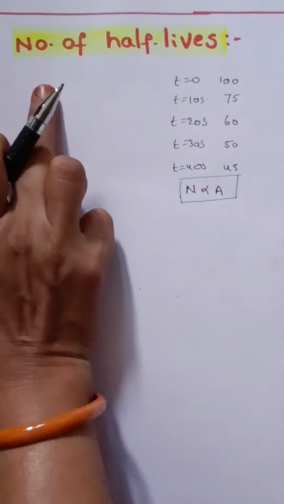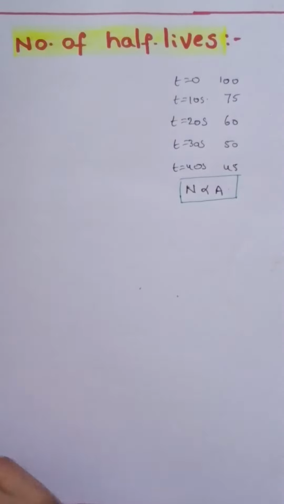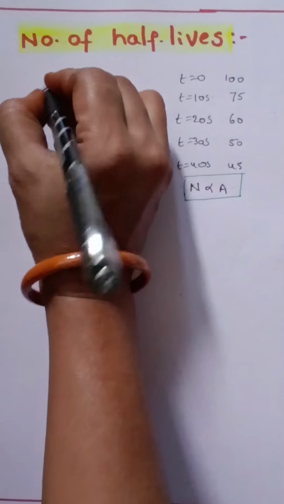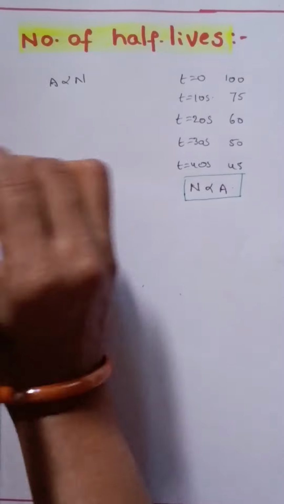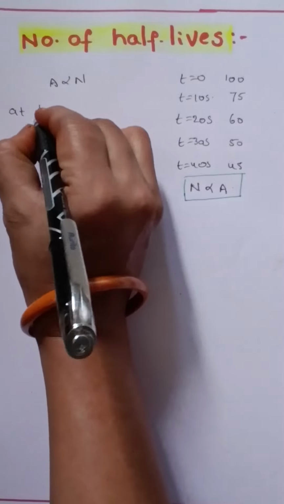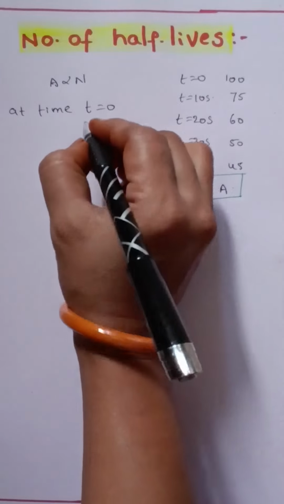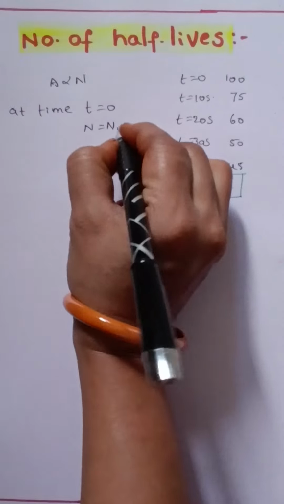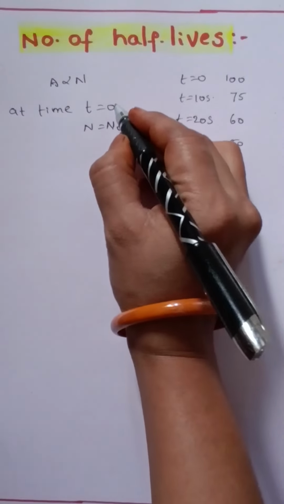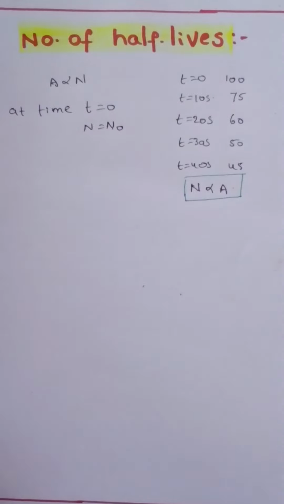So we'll come to the number of half-lives after some time t for a radioactive substance. We know A is proportional to N, right? So we consider that at time t is equal to 0, the initial time, N is equal to N naught, the number of atoms present initially.